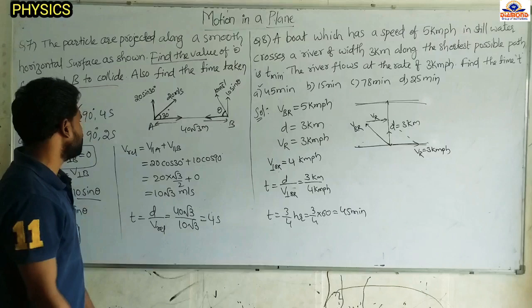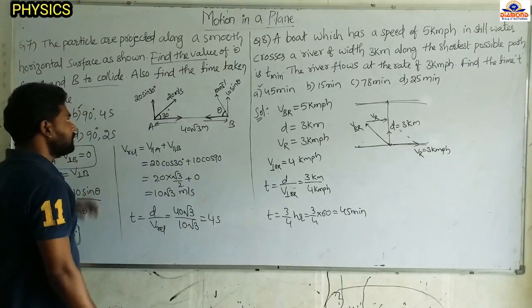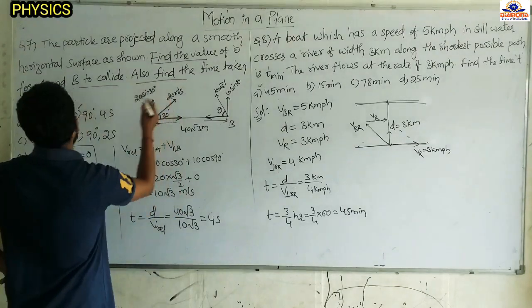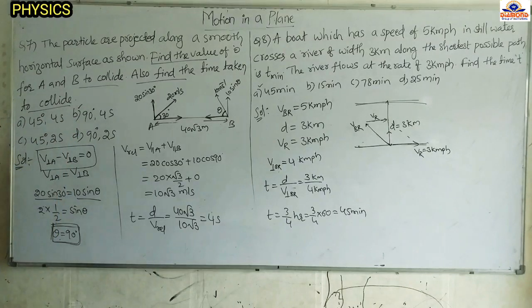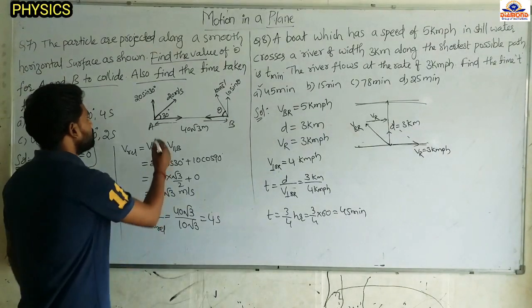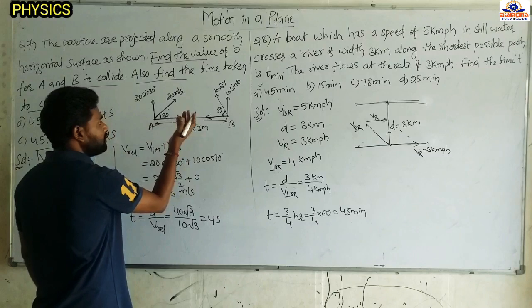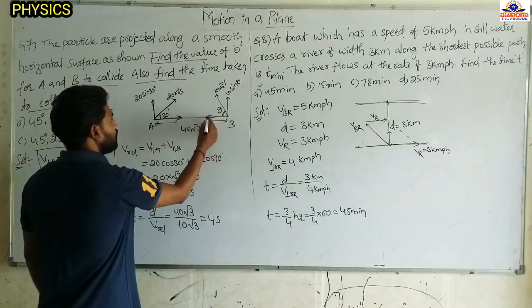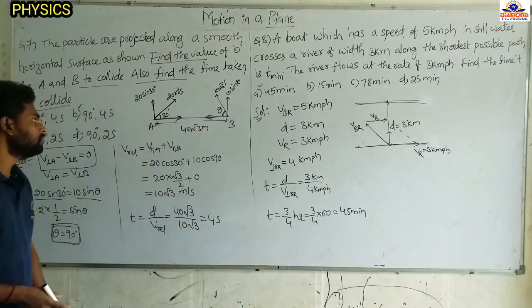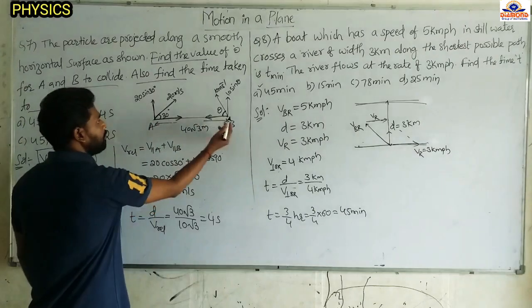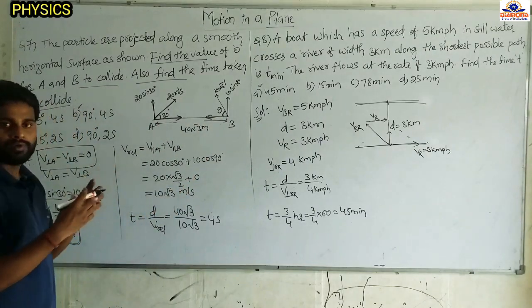Vertically it is projected. Now one more thing they asked is to find the time taken for the collision, at what time they will collide. For the collision, the horizontal components are responsible. So now I am finding the relative velocity between A and B, because both are moving toward each other.